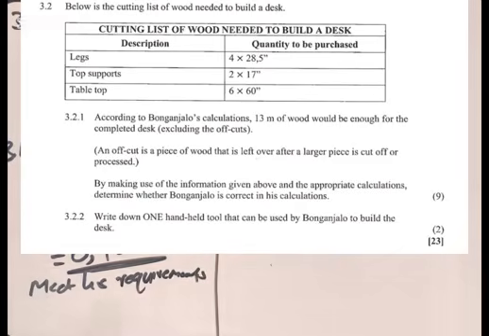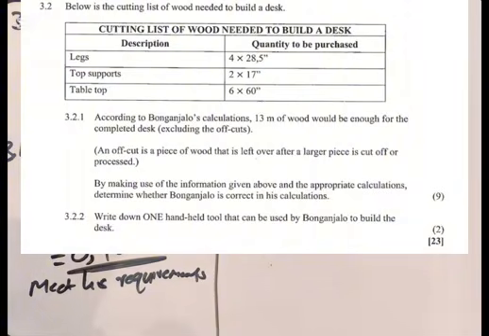3.1.4. The easiest question I ever met in Maths Lit with the highest marks. If you look at this question, it says that below is the cutting list of the wood needed to build a desk. The cutting list is these: legs, 4 multiplied by 28.5 inches; top supporter, 2 multiplied by 17 inches; tabletop, 6 multiplied by 60 inches.